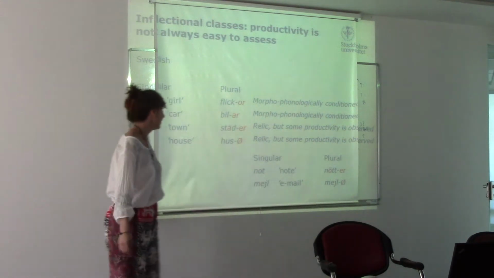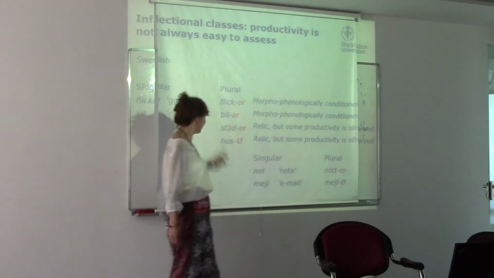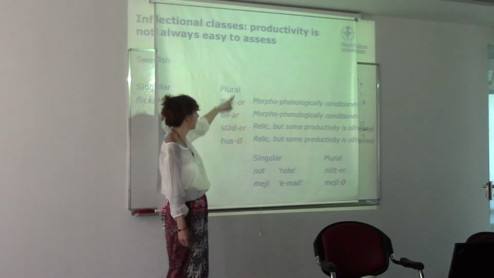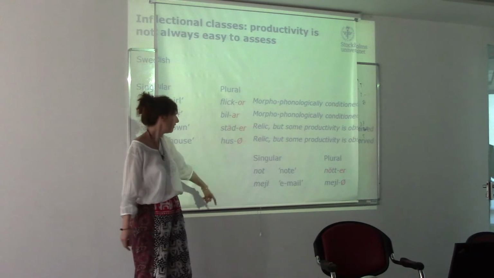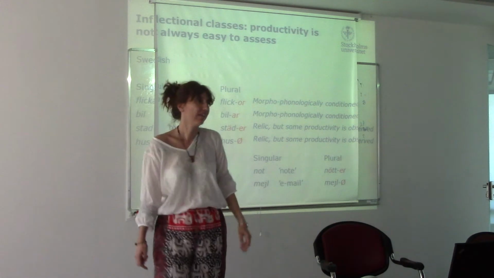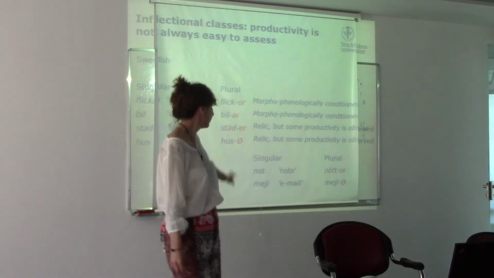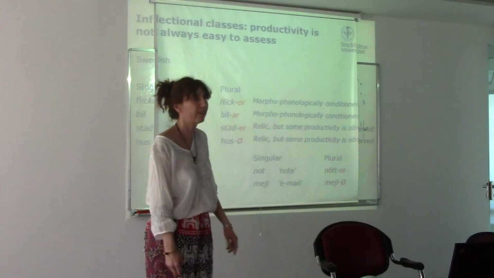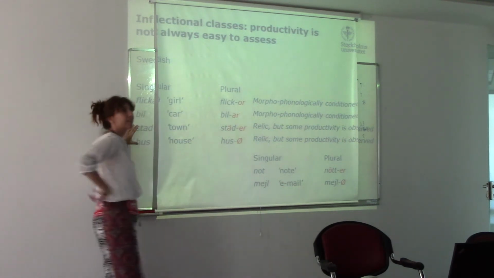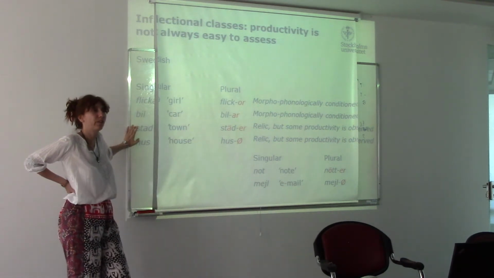And a lot of English loans, when they come, don't get any of the big-time productive plurals. They'll get a zero. So mail, like the email, and mail, and then et mail, flera mail. So no plural. So these are restricted as far as Swedish vocabulary goes.